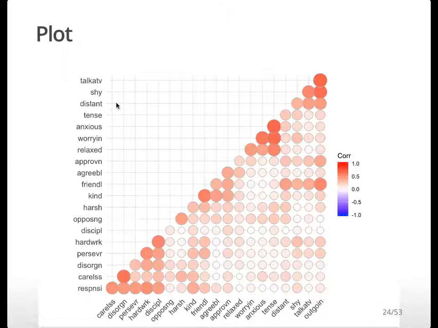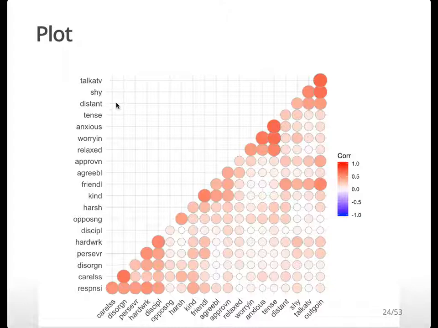If we had removed the absolutes, then it would be a blue shade. But now, because we're just looking at the strength of the association, shyness is associated with the outgoingness variable as well. It could be coded in the opposite way, but to keep everything the same color and not have blue and red on the same thing, we just use the absolute. So this will also allow you to already see which things sort of go together.